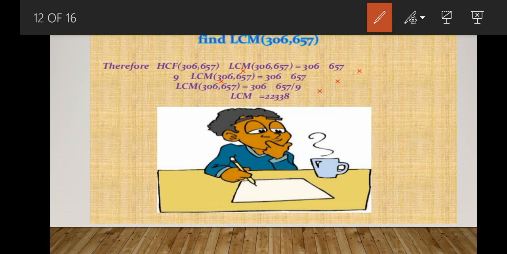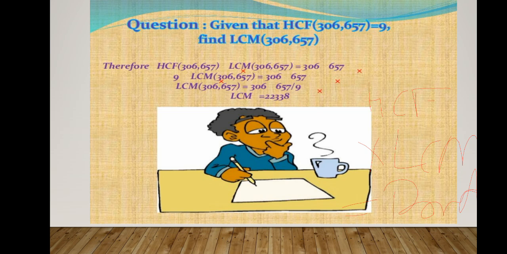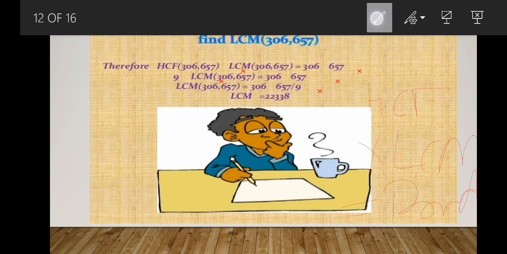So simply you have 9 into LCM is equal to the product of the two numbers, 306 into 657.